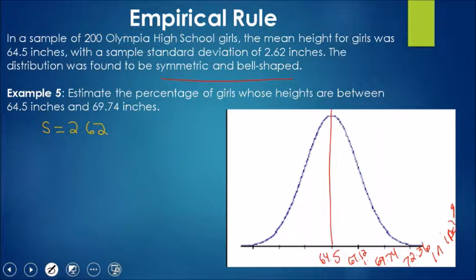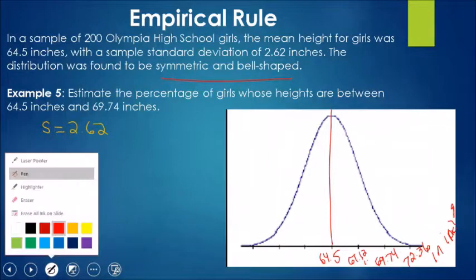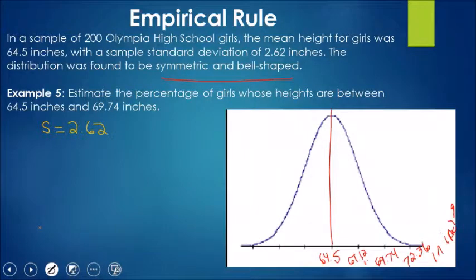Then I'm going to take that mean, mu, 64.5, and subtract 2.62. On the other side, that gives me 61.88. Take away 2.62 gives me 59.26.